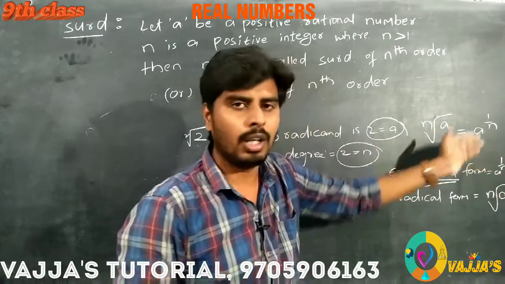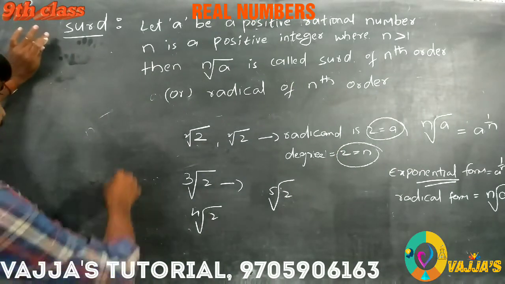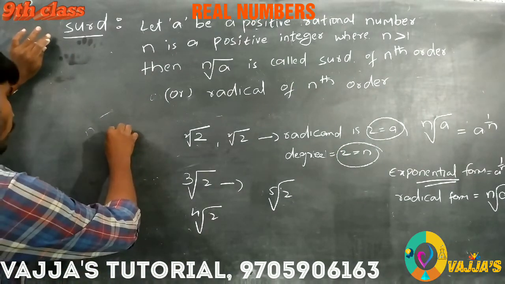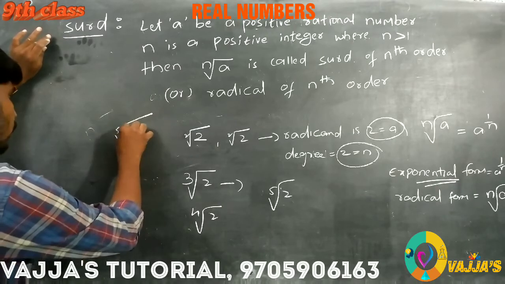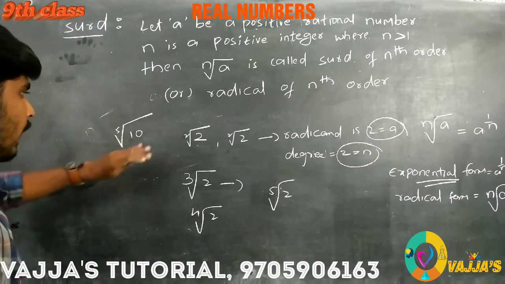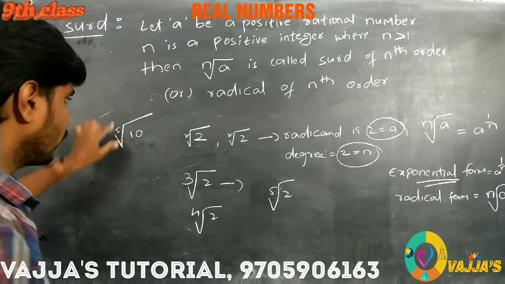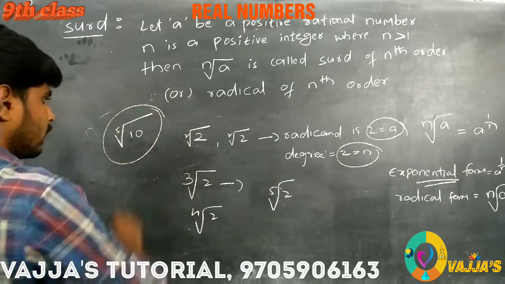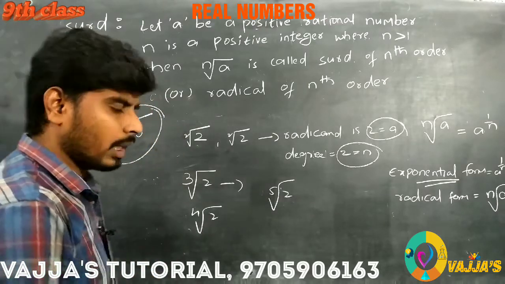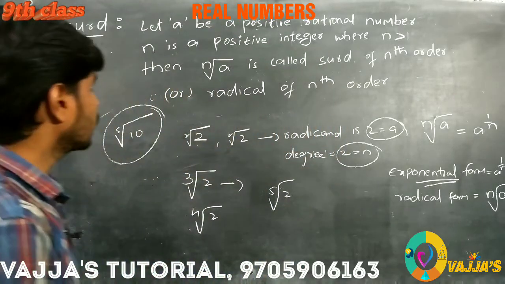We have already seen this in the laws of exponents. Suppose I write fifth root 10, we call it fifth root 10, where 10 is the radicand and 5 is the degree. All these are called surds. Right, this is about surds.